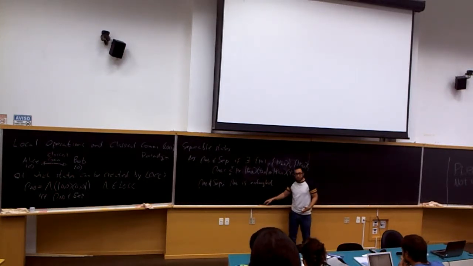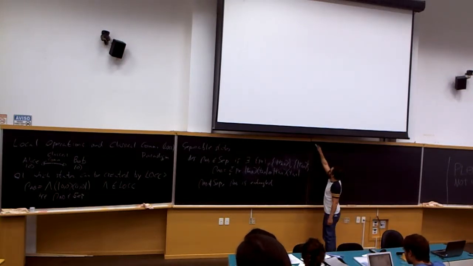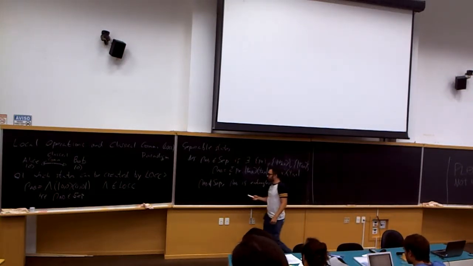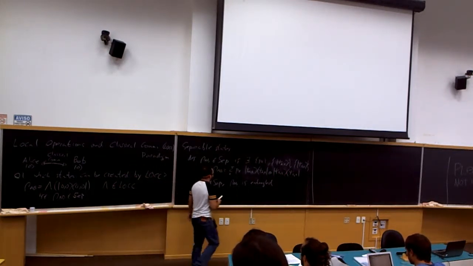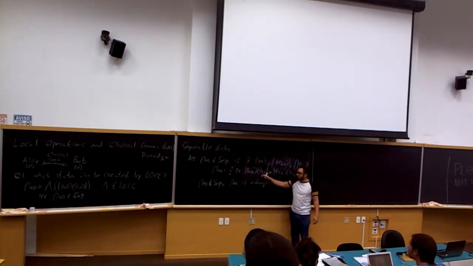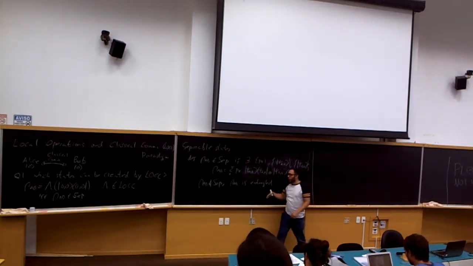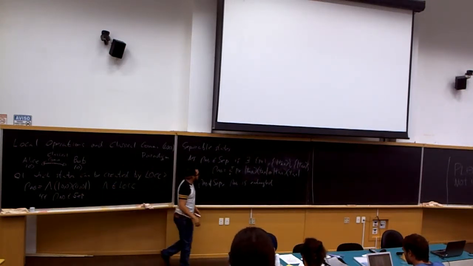Any question? Okay. Good. So why is that the case? Why does this follow? It's not too complicated. First, let's show that if a state has this form, if it's a separable state, you can always create it out of some uncorrelated state, the 0,0 state, by LOCC. What do they do?